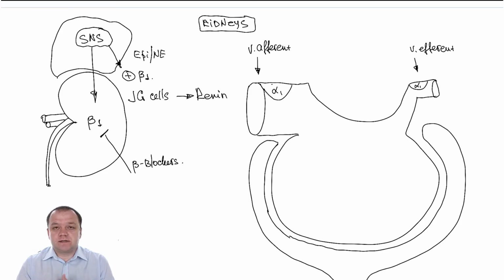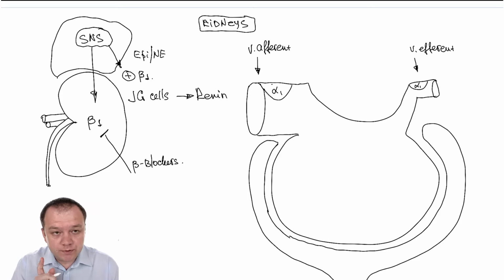They have second messengers, inositol triphosphate and diacylglycerol, and as a result of their activation, calcium is released and vasoconstriction occurs. So in case of activation of the sympathetic nervous system, we have vasoconstriction of vas afferent and vas efferent, and as a result, renal blood flow decreases. Yeah, renal plasma flow decreases.